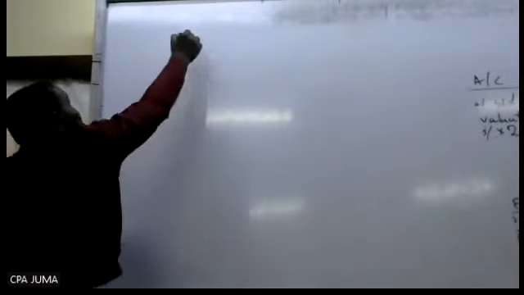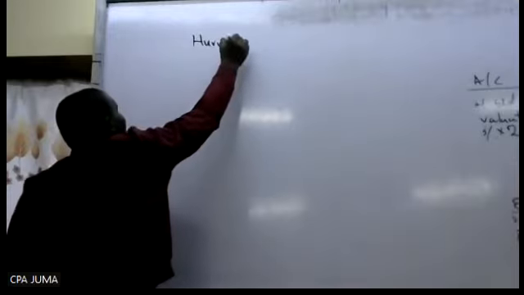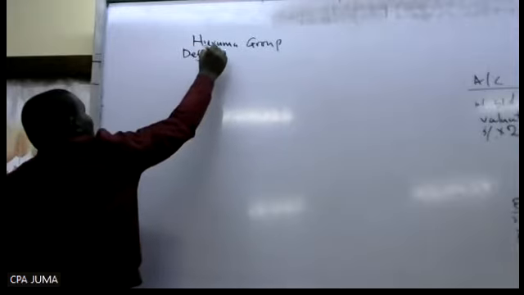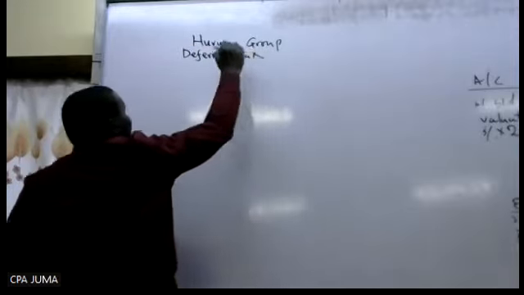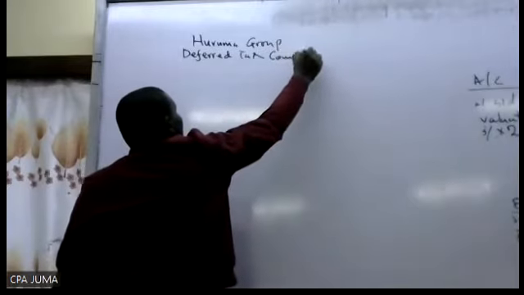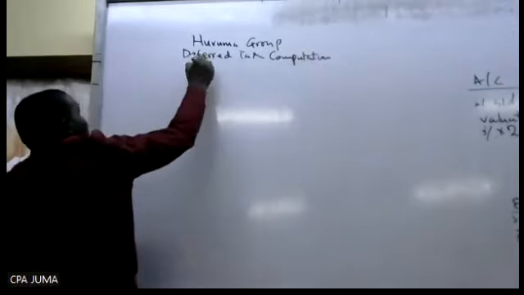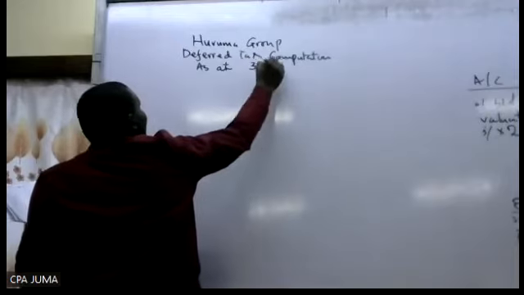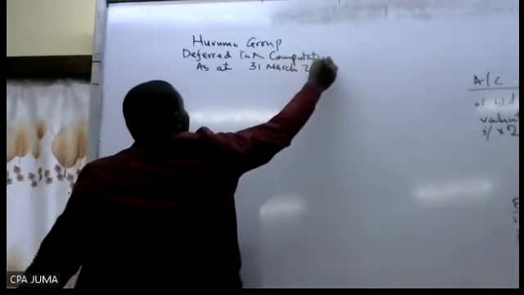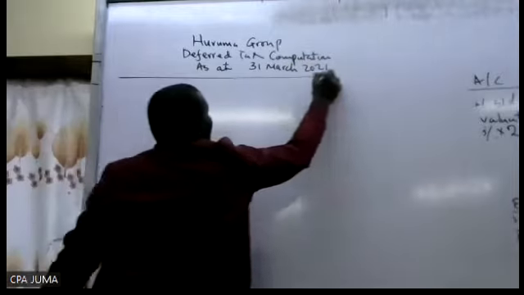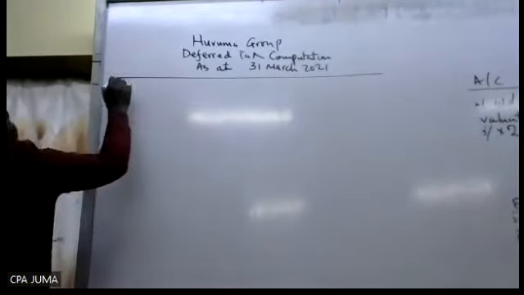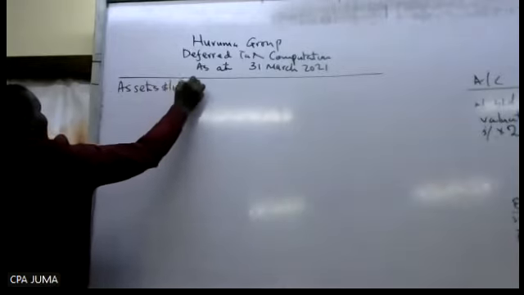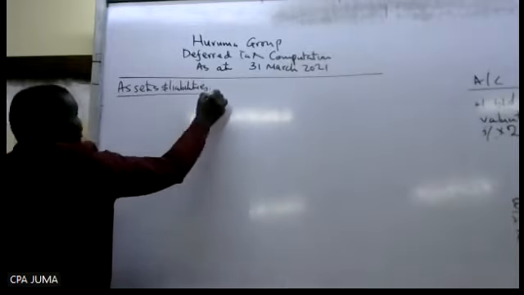So, Huruma Group, deferred tax computation as at 31st March 2021. As usual, we'll say here assets and liabilities so that we get temporary differences first.